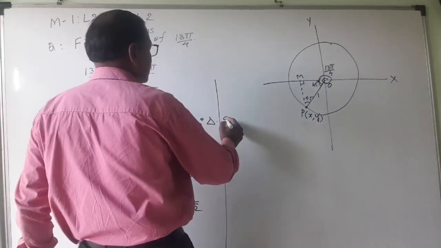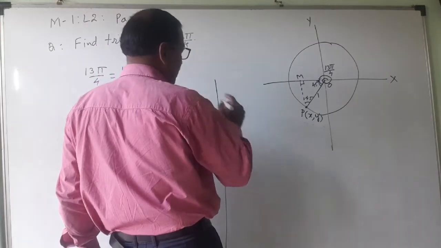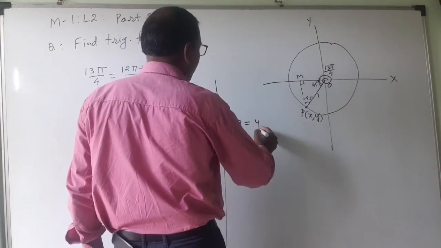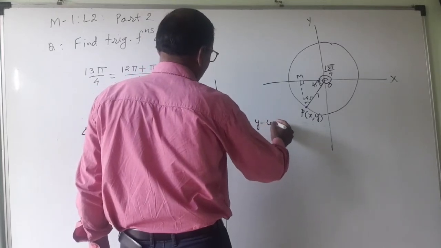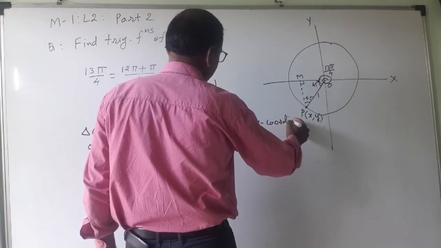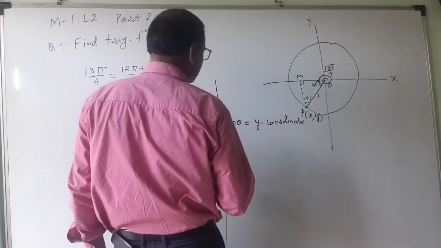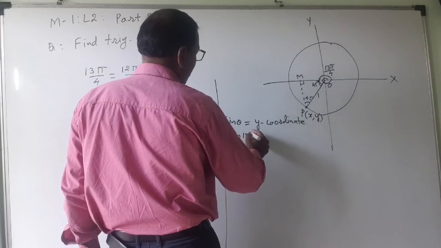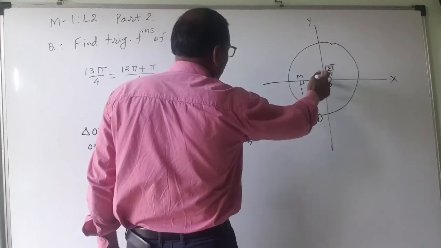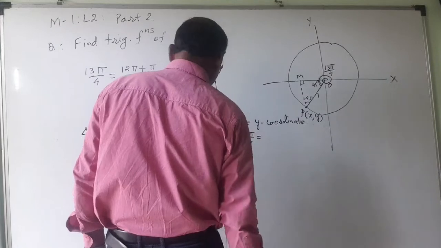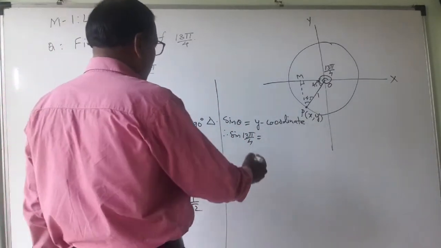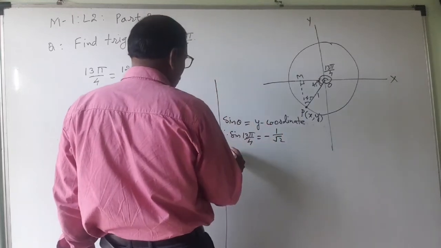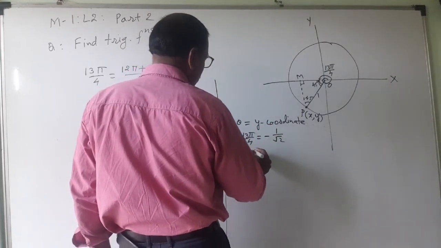What do you mean by sine? Sine theta is equal to the y coordinate. Therefore, sine of this angle, 13 pi by 4, this total angle is equal to, what is the y coordinate? Minus 1 upon root 2. Cos theta is equal to the x coordinate.